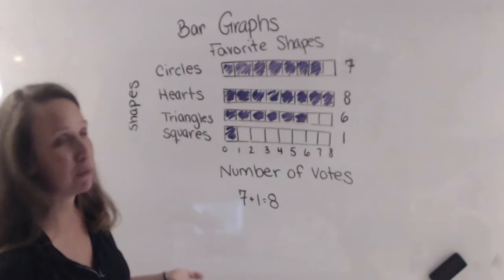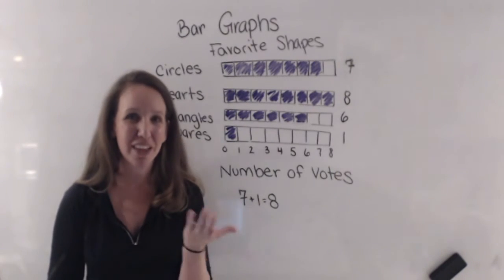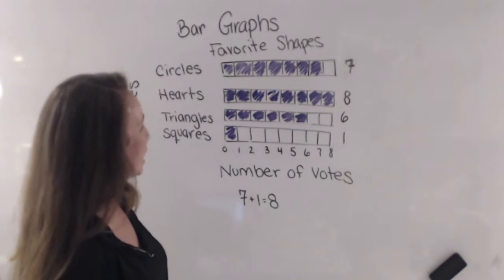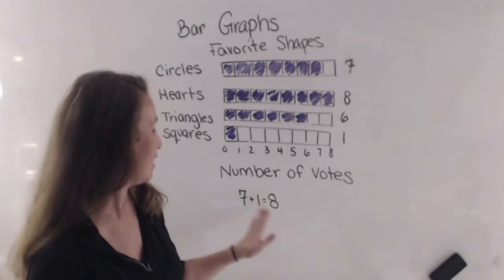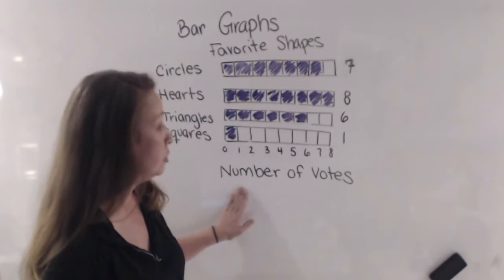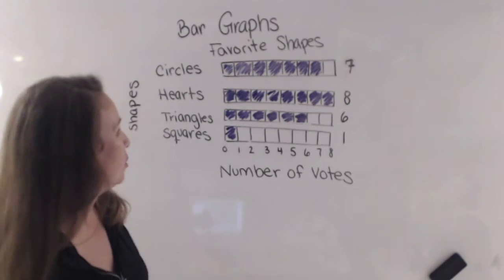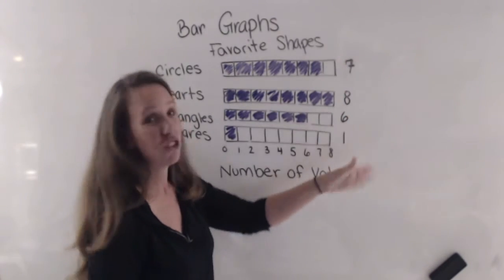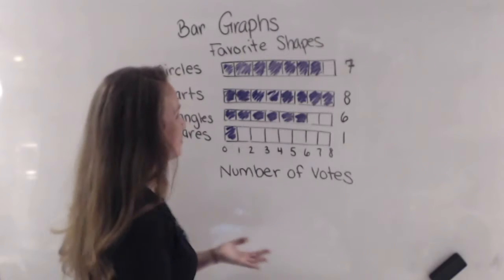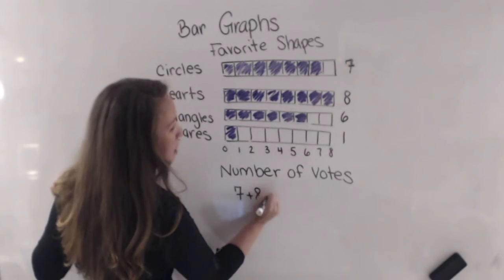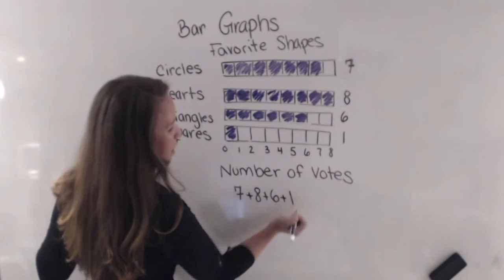And how many people voted in all? Now, this is a tricky question, and some people have a hard time. But I want you to think about this. If everybody that voted, I included them in the chart, well, to count how many people voted, we just add up the total number of votes. So we add 7 plus 8 plus 6 plus 1.